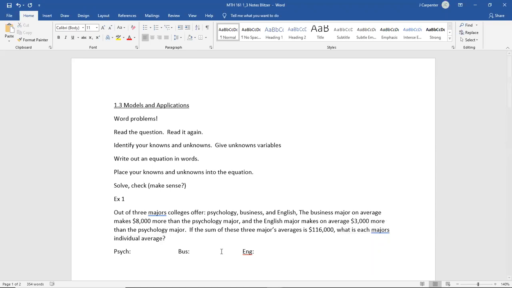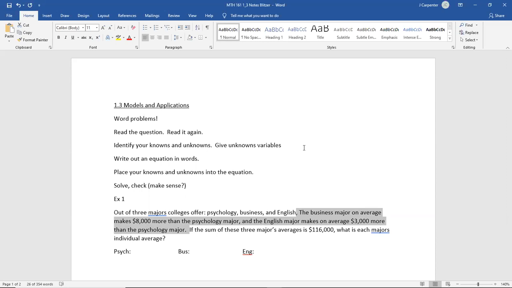But we have relationships between these three things, and we need to use those relationships to avoid going X, Y, Z to maybe only have a single variable to make this simpler. And here is how we can avoid that. The business major on average makes 8 grand more than the psych major. The English major makes on average 3 grand more than the psych major.